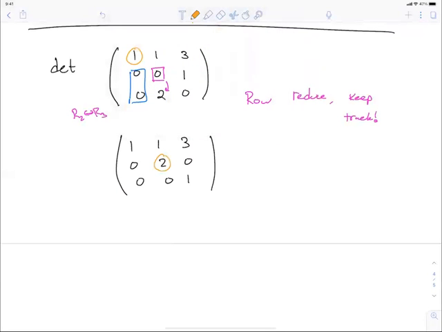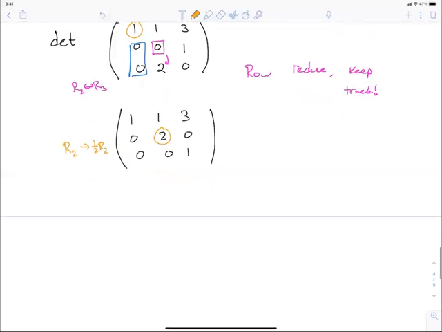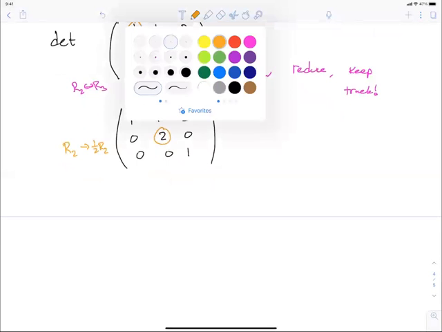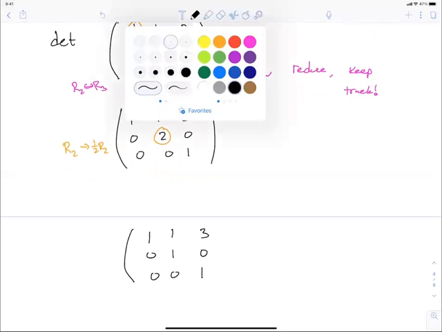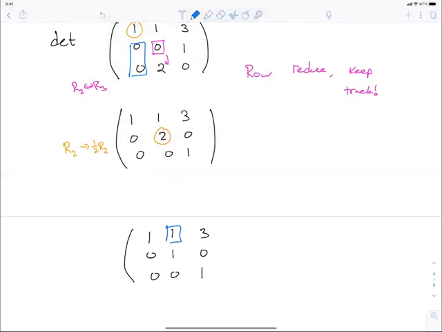And now we have to scale that row by a factor of 2. We also have to get rid of that 1.